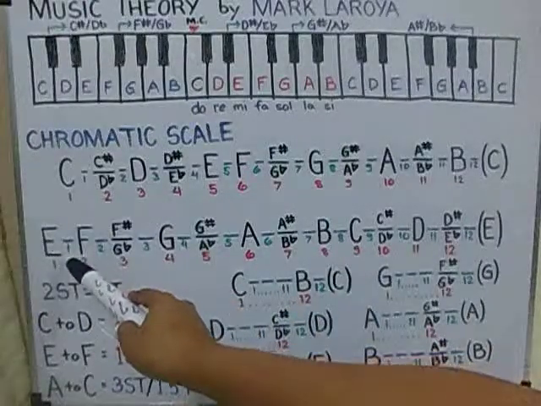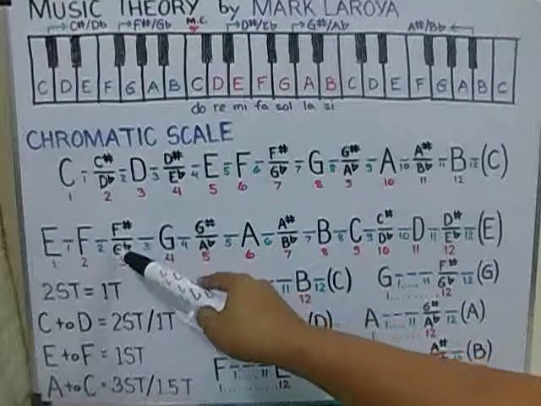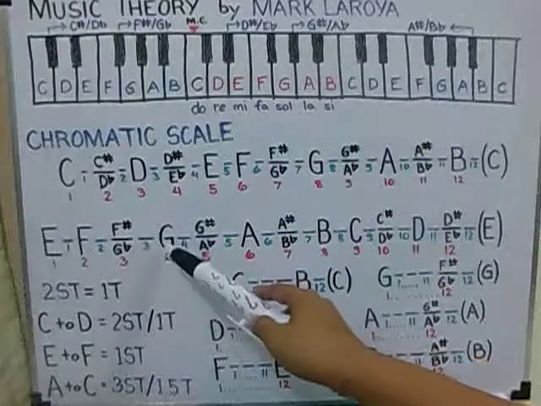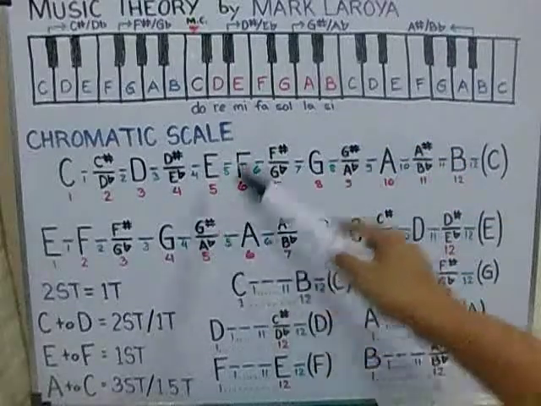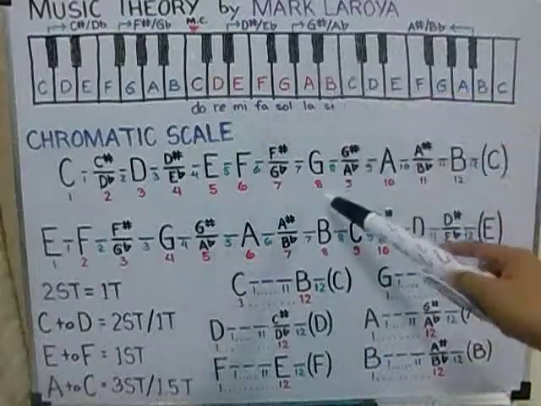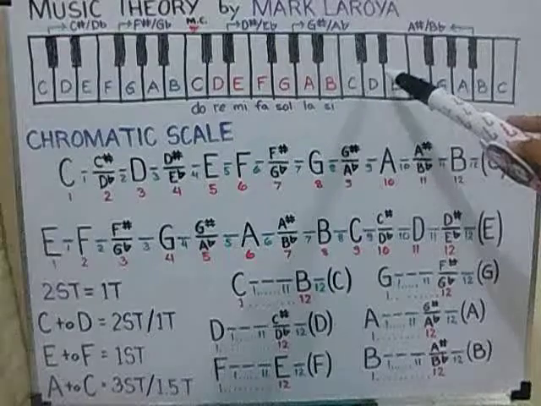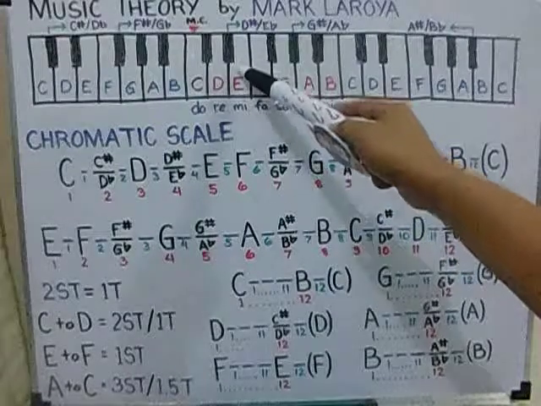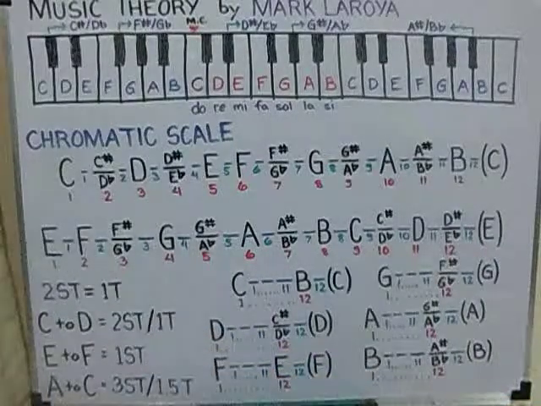After our first semitone, we landed on F, from E to F, then F sharp or G flat, then another semitone going to G, then G sharp or A flat, A, A sharp or B flat, then B, C, C sharp, going to D, then D sharp, going to E. So you already have from lower E to higher E. So all in all, we have 12 semitones.